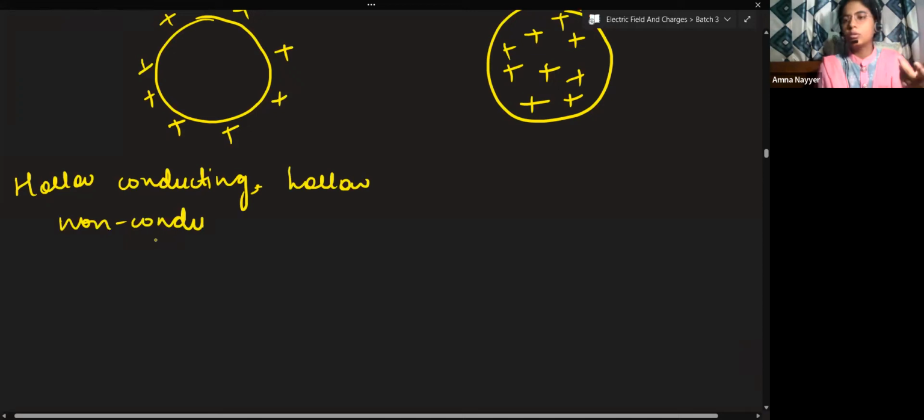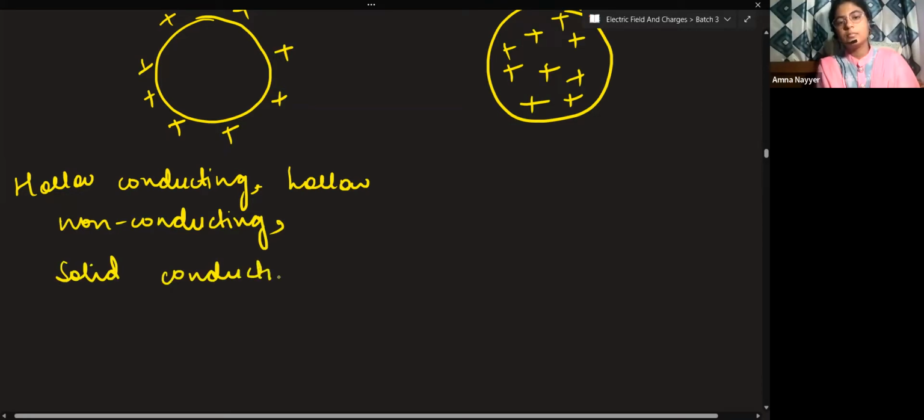Conductors are those substances which allow electrons to pass through them. And the other case is the solid non-conducting sphere. Only the solid non-conducting spheres have charges within them.